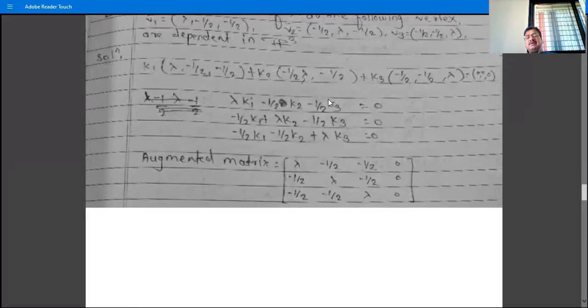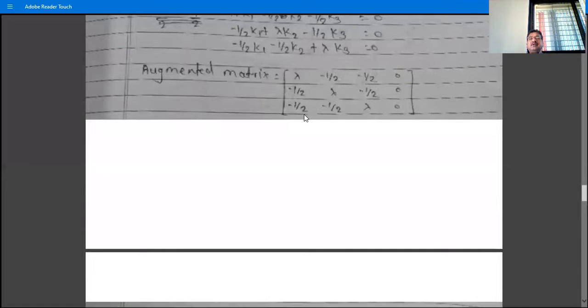So when this system has a non-trivial solution, a non-zero solution, that is, k1, k2, k3 are not all equal to 0, the rank of A and the rank of AB are equal and strictly less than the number of unknowns, which is 3.